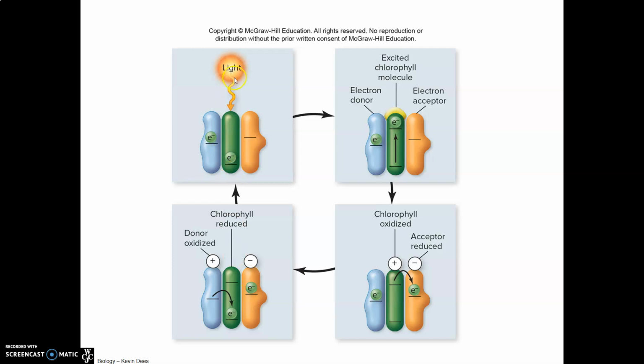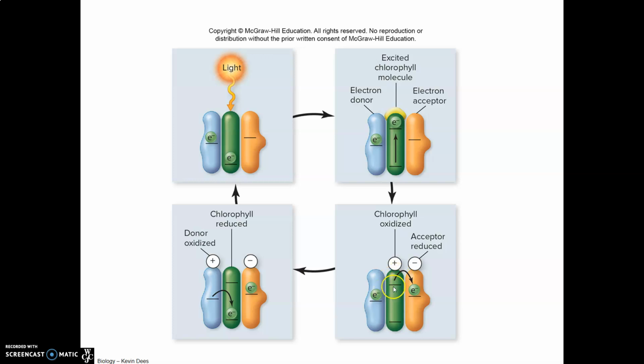All right, so this slide reminds you that as photons of light energy strike our molecules of chlorophyll, they reach an excited state and they are oxidized as they lose their electrons. These electrons reduce an electron acceptor, and we'll talk more about that later.